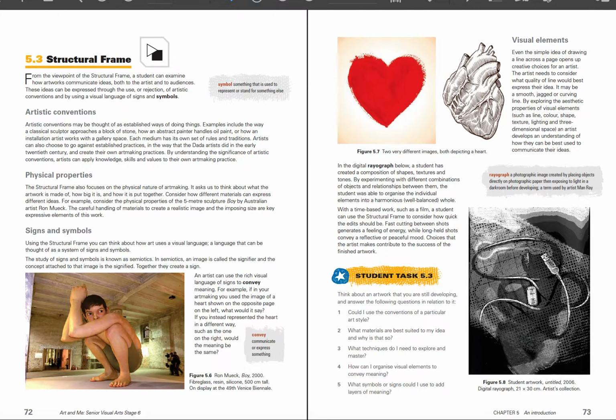How can I organize visual elements to convey meaning? An example of this is when I'm painting artworks, my focus is always Bamal, earth.